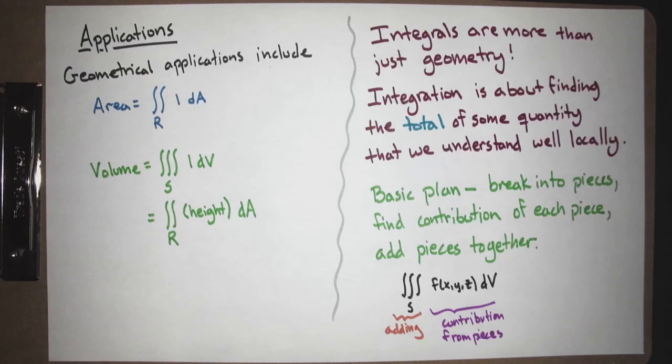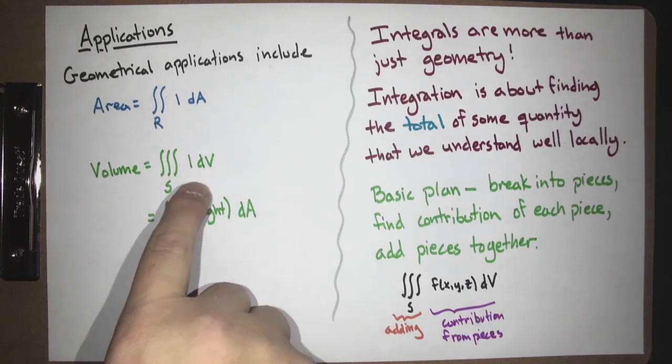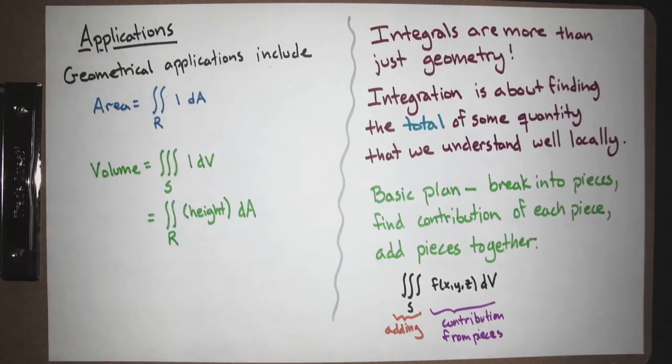So for instance, if we integrate 1 over a 2-dimensional region, what we're capturing is the area of that region. If we integrate 1 over a 3-dimensional solid, we're capturing the volume of that solid. But we could also, in a similar way, integrate over a 2-dimensional region the height of the solid that's above that region. And again, that's capturing volume. So definitely there's geometric applications, and we will do more.